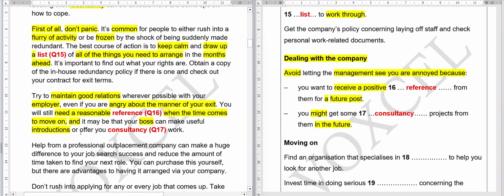So here they are saying "offer you." Offer you basically means give you. If somebody is giving you something, in other words you are getting something from them. Let's just say if I give you a toffee or a candy, you are getting a candy from me.